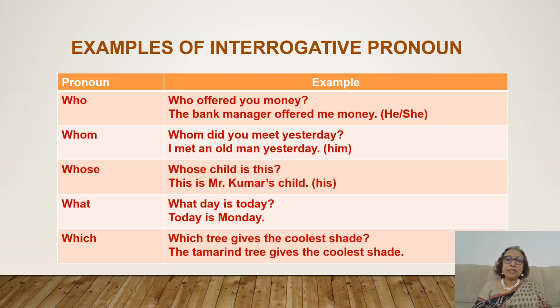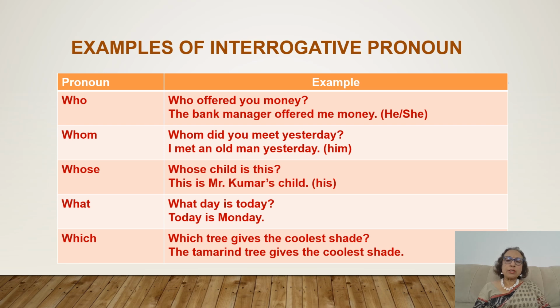Now, interrogative means to question. So a noun or pronoun, when it is questioned by a word, that becomes the interrogative pronoun. Here we have who, whom, and whose, which are used for questioning human nouns and pronouns.